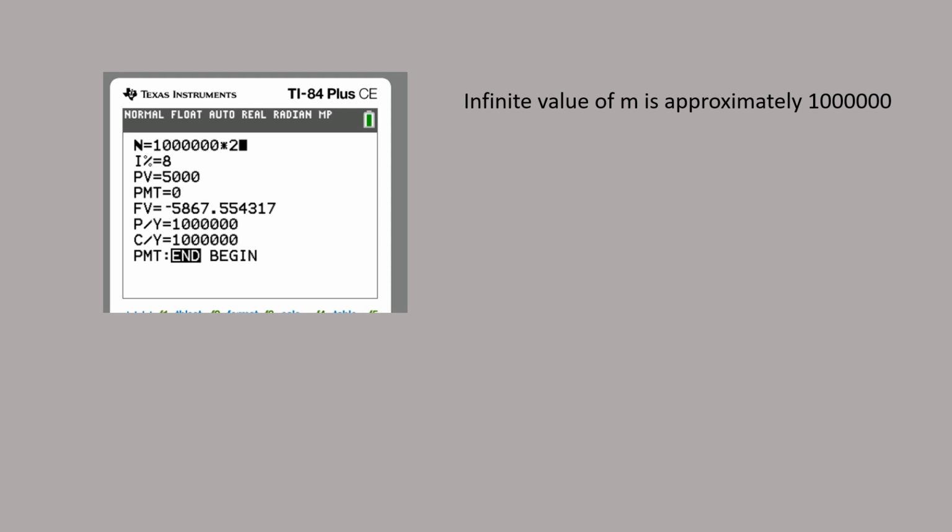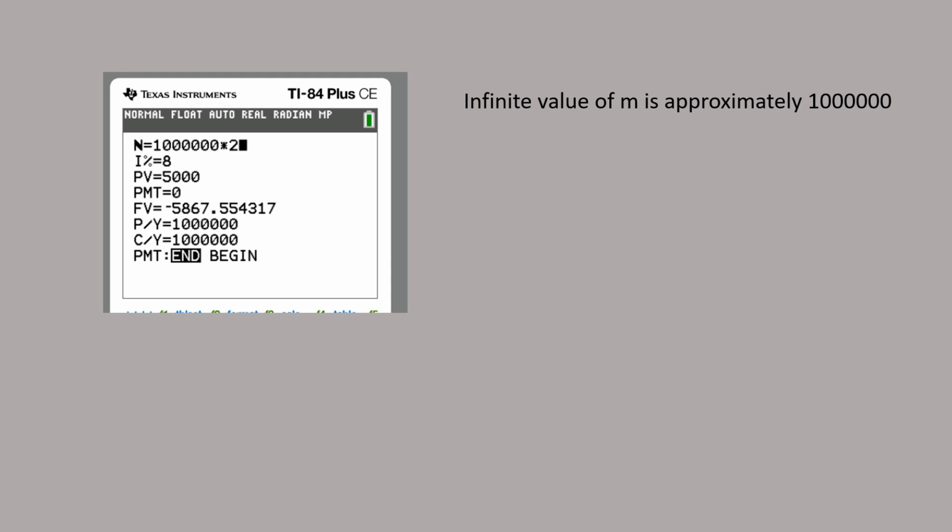Now for the same problem, we can use the TVM solver. But in the TVM solver, we always use n to be m times t, where m is the number of times it is compounded. Here it is compounded infinitely, it is continuous. For an infinite case, we have to use a large number, so let us use this huge amount to represent m.